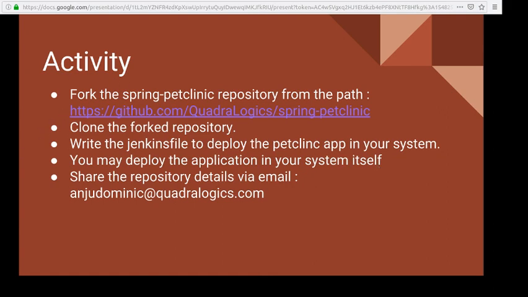So you can fork the repository from this particular path, clone it, and then write a Jenkinsfile to deploy the pet clinic application. For ease, you can deploy it in your system itself. You don't have to connect to another server. You can do it in your system also. And then share the repository details with the Jenkinsfile via email to anjudominic@quadralogics.com.